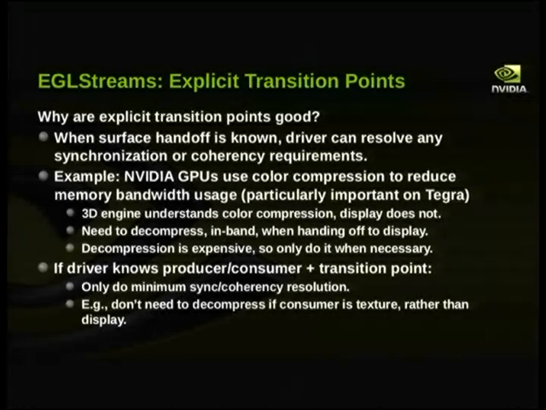Our display engine doesn't. And so if there's a clear handoff between, we've rendered to this thing, and now display is going to consume it, that's the opportune time to decompress the surface. If we don't know who's going to consume the surface, then we have to assume that it might be someone who doesn't know compression. So then we have to decompress. And the decompression is expensive, so we'd like to not do it if we don't need to.